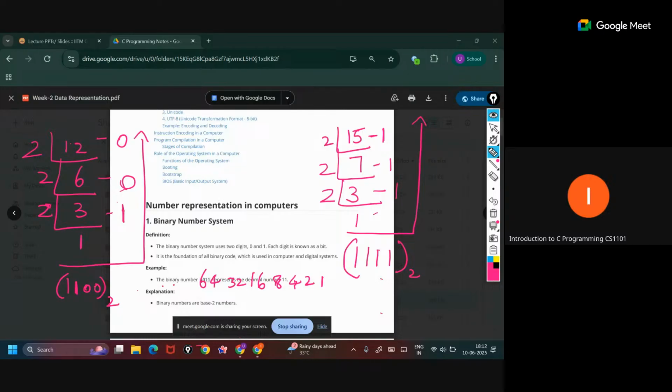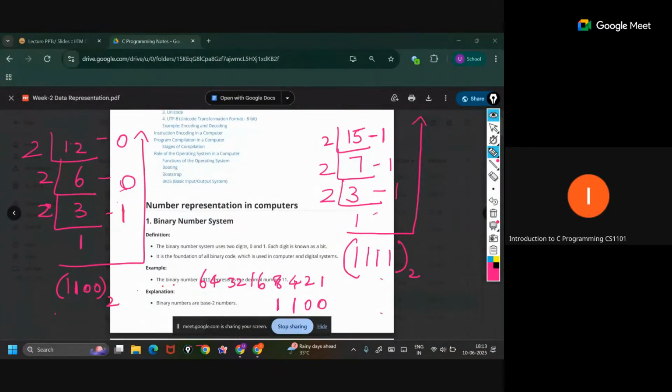It's lesser. So I have to go with 8. So 12 minus 8 is 4. So fill it with 4, remaining are all zeros. So 1100 is the answer. That is what I got as well. Is it clear?